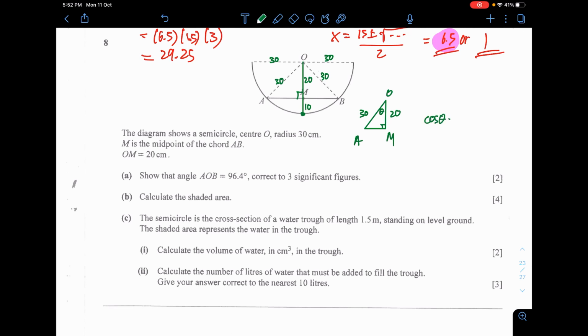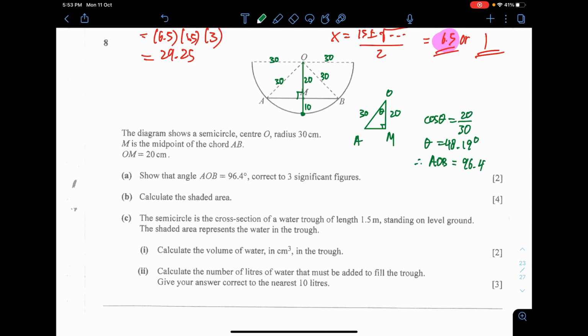Cosine theta is adjacent over hypotenuse. Find the theta. You get 48.19 degrees. Hence, angle AOB must be twice of that, 96.38. Since it's an angle, I need to put in 1 dp. 96.4 degrees. Okay, shown.